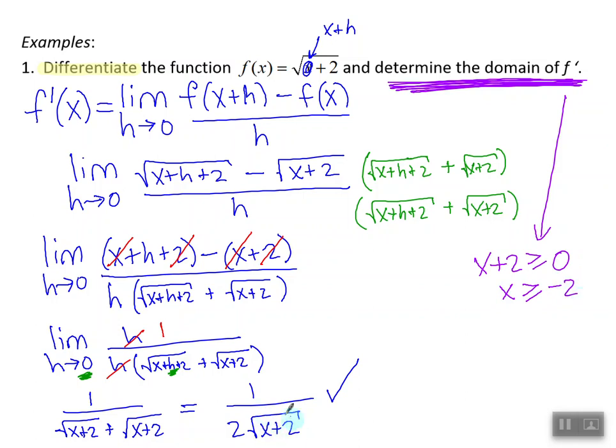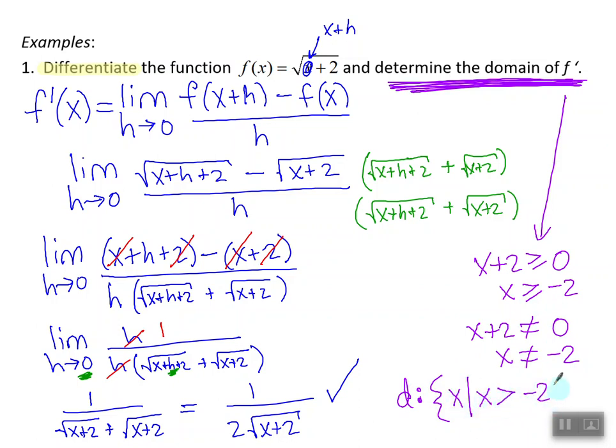Now our derivative has square root of x plus 2 in the denominator, and the denominator can't equal 0. So not only does this have to be true, but x plus 2 can't equal 0, so x can't equal negative 2. So therefore, the domain, when we combine these, leaves us with x such that x can be only greater than negative 2.